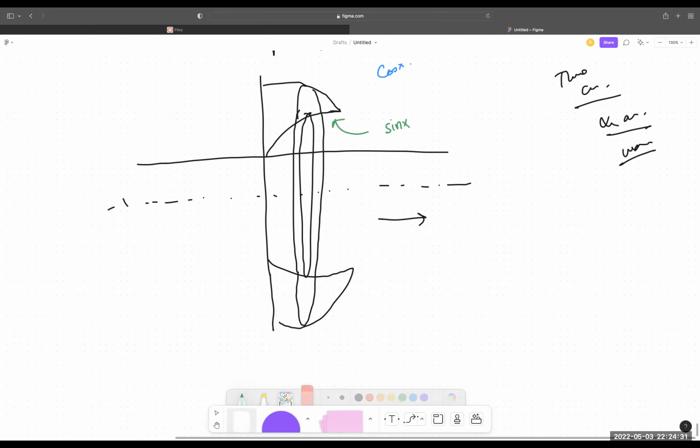So it's good to get these labeled properly at the very least. The radius is from this point, -1, all the way to the top. That's the outer radius.